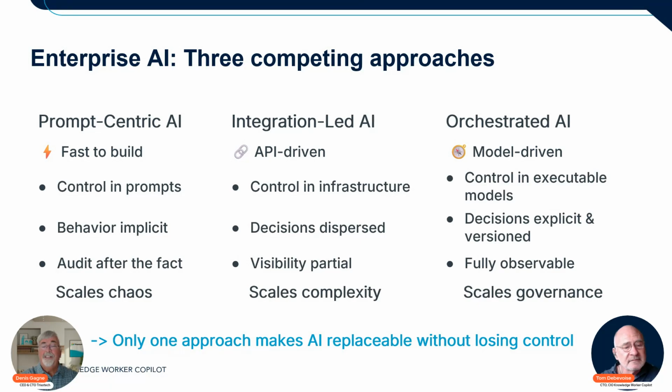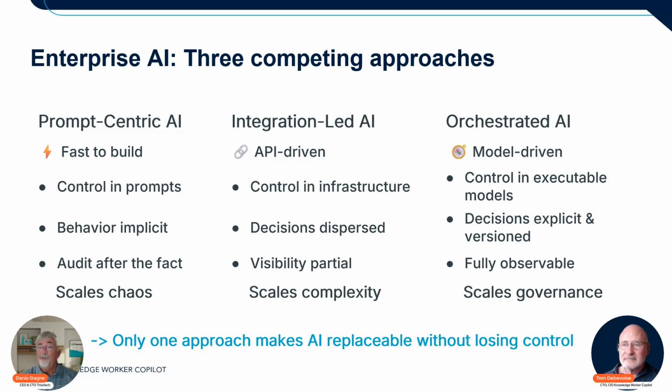So generally speaking, there are three basic approaches to leveraging AI. One is to be prompt-centric, which is what most people are familiar with. You basically control the prompt and what goes into the prompt. But unfortunately, the behavior is completely implicit.